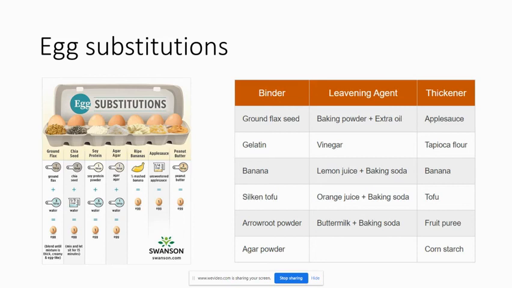But you can see there are other ways of doing that. For leavening, you can do a chemical leavening with something like baking powder or baking soda. For thickening, fruit purees or mashed banana work really well, as do things like tofu or cornstarch.